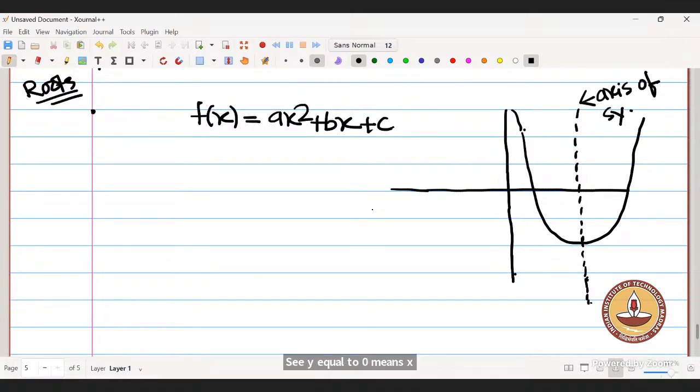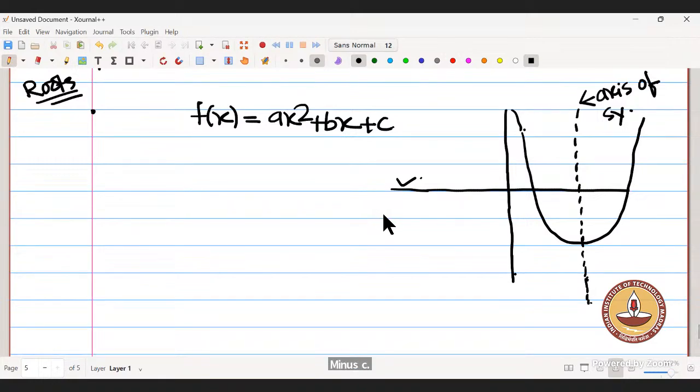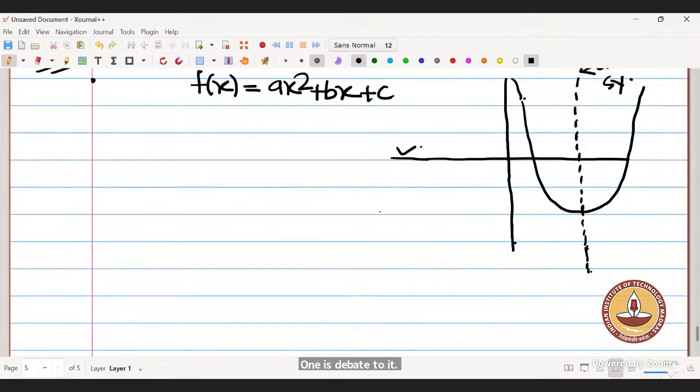This is your x-axis. X equal to C means x is equal to some constant. Yeah, of course, x equal to a constant, but I want that constant. Minus b by 2a. So this axis of symmetry is x equal to minus b by 2a, right?